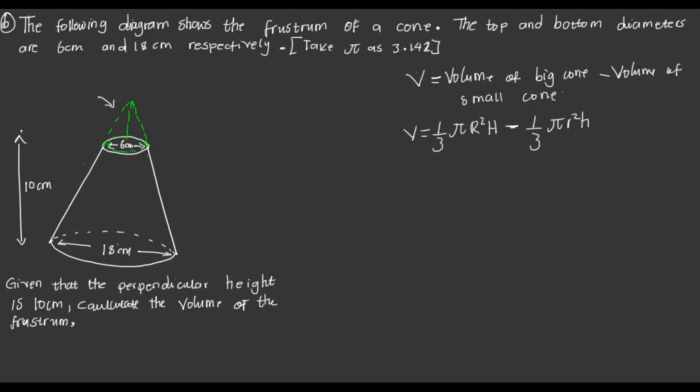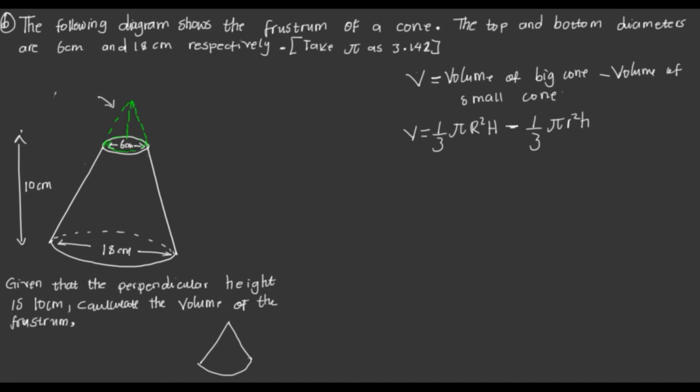So here we have been given the diameter for the big circle, and also we have been given the diameter for the small circle here. So now, in order to find the radius, it is just half of the diameter. So the 6 centimeters, the diameter for the small cone, we can say we have this one.